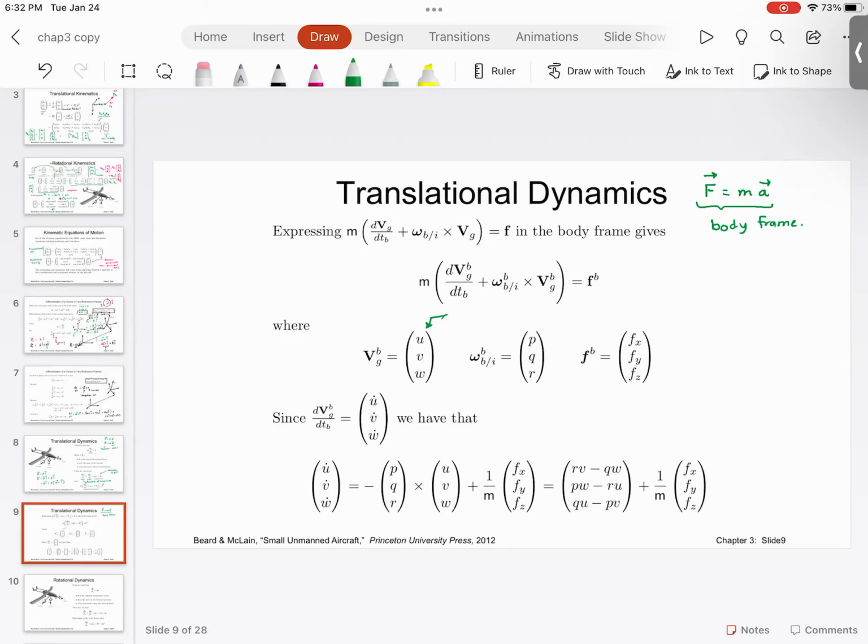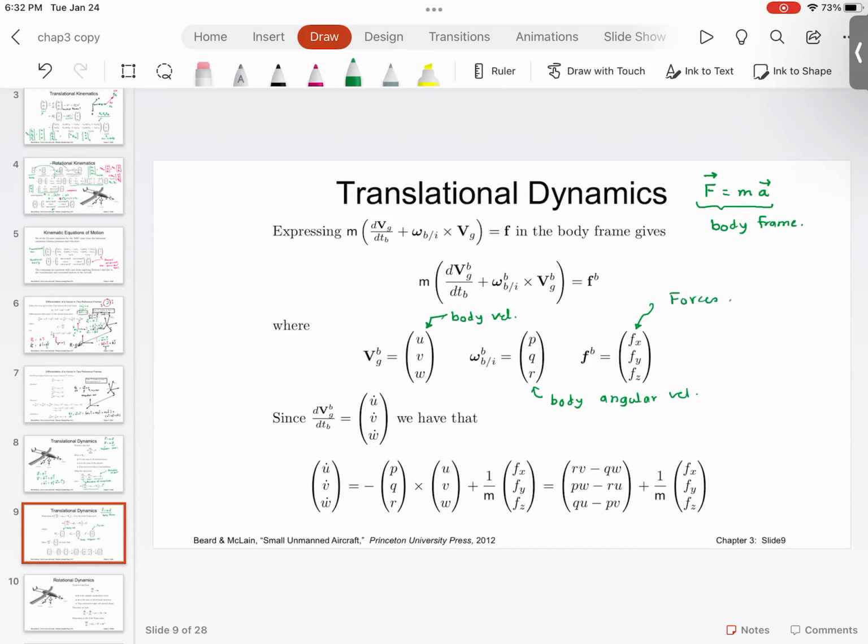P, Q, R are the body angular velocities. And Fx, Fy, Fz are the forces in the body frame. So these are the forces.